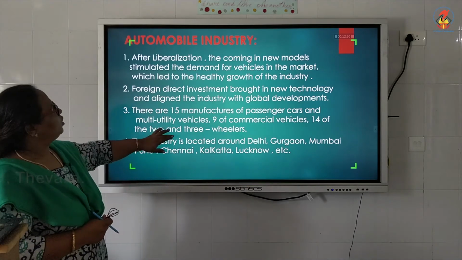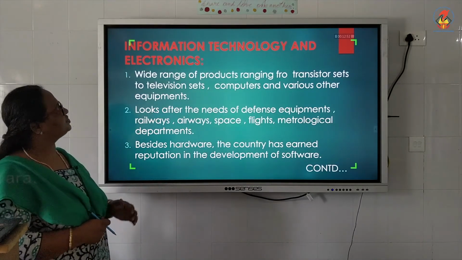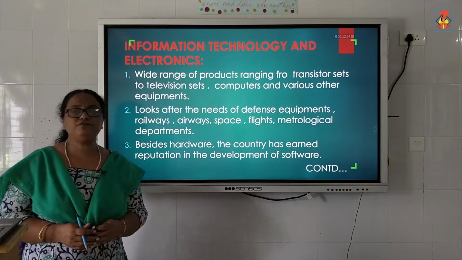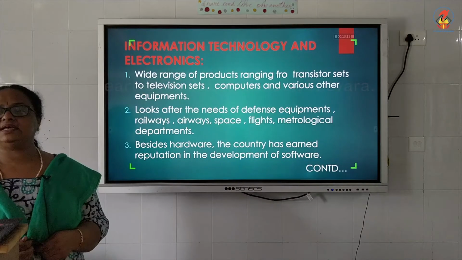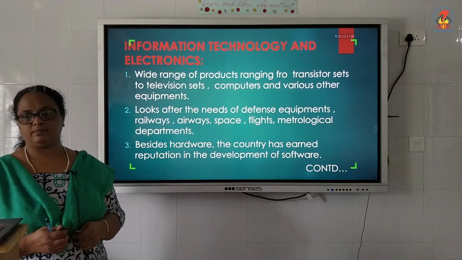Now let's go to the next industry, that is information technology and electronics, which is the present scenario of the day. A wide range of products, ranging from transistor sets to television sets, computers and various other equipment, are available.